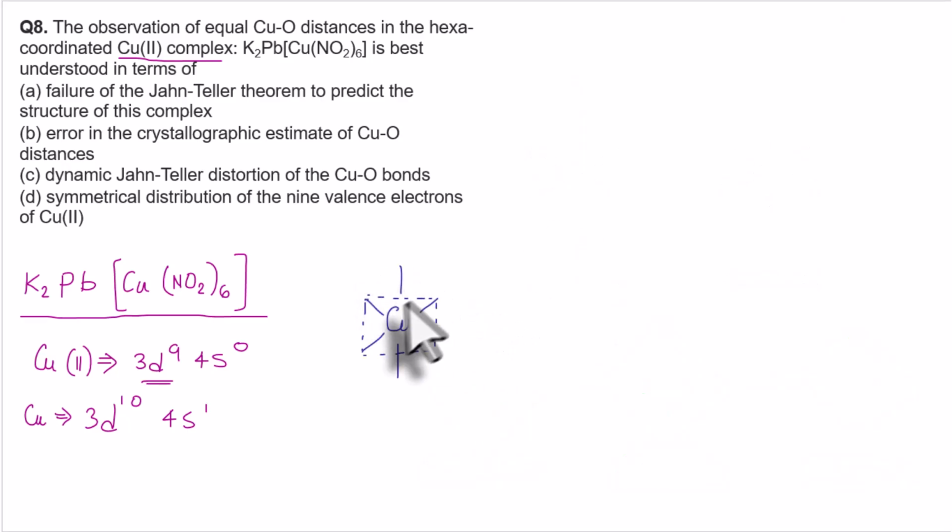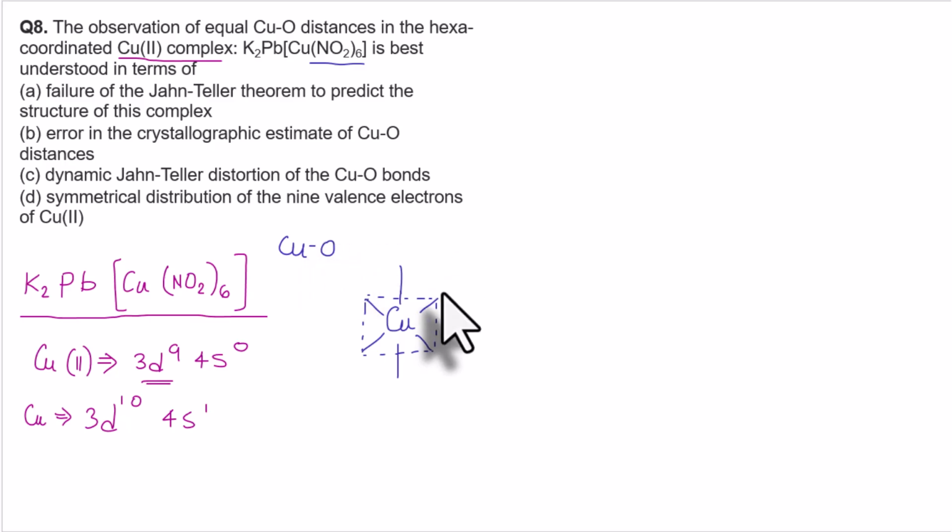So here also you can just recall the octahedral structure. We have 6 NO2 ligands, so copper is in octahedral geometry. We have 4 equatorial positions and 2 axial positions, top and bottom. The question says the bond between Cu and NO2, the Cu-O bond, right?